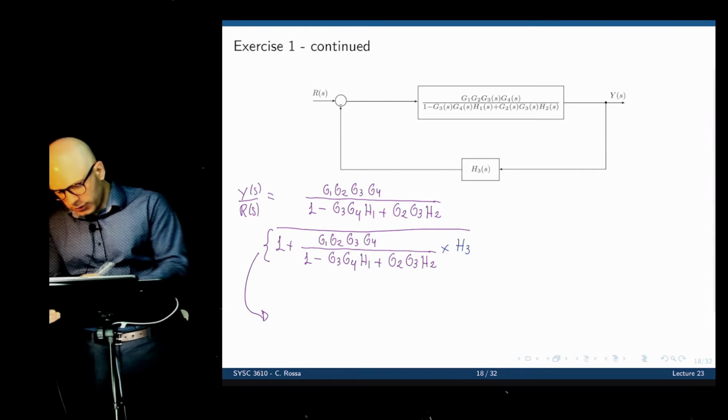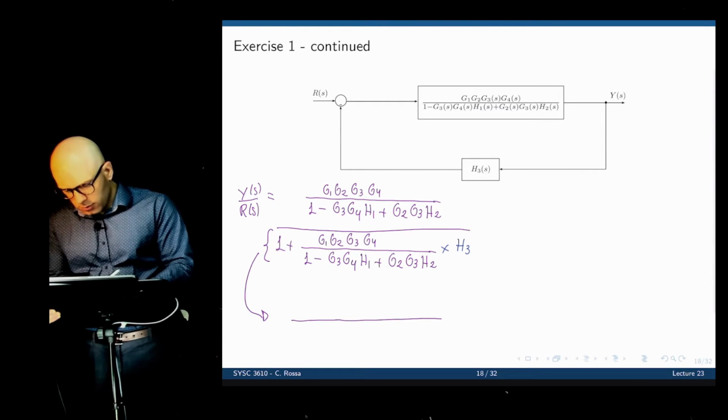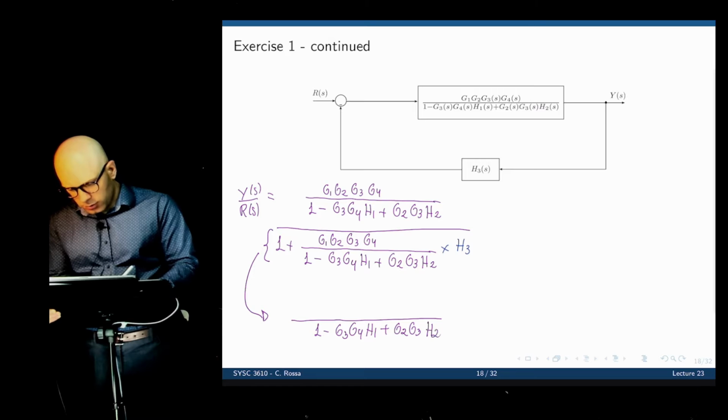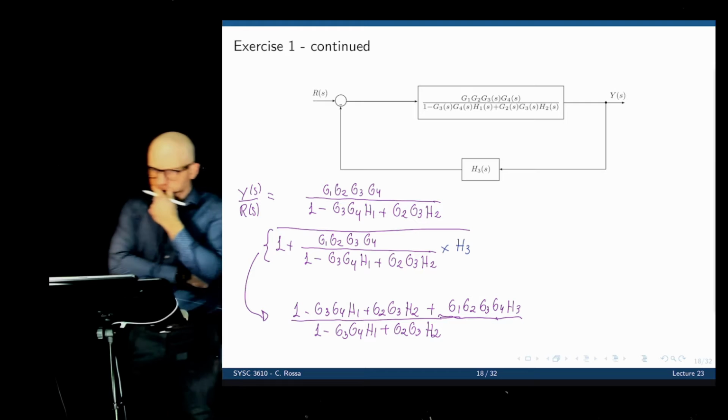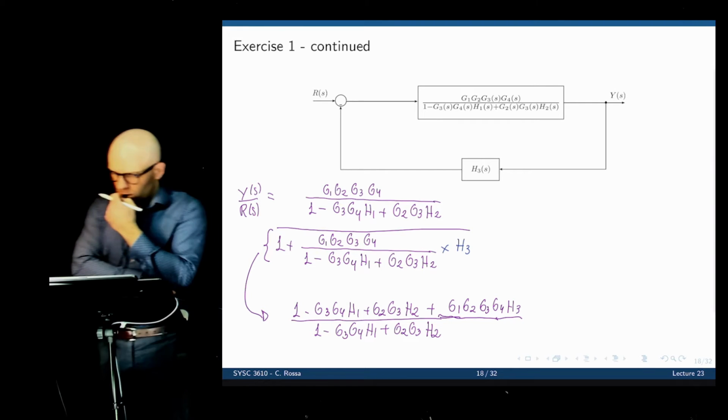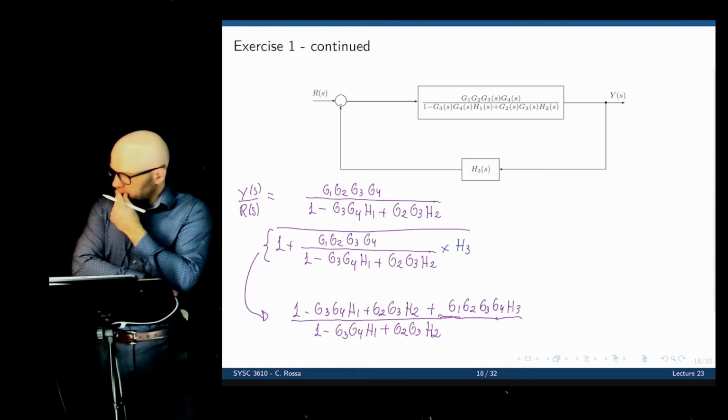The common denominator would be 1 minus G3, G4, H1 plus G2, G3, H2, and that multiplies 1 plus G1, G2, G3, G4, H3. Good?